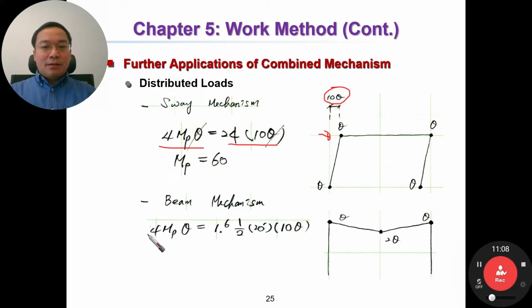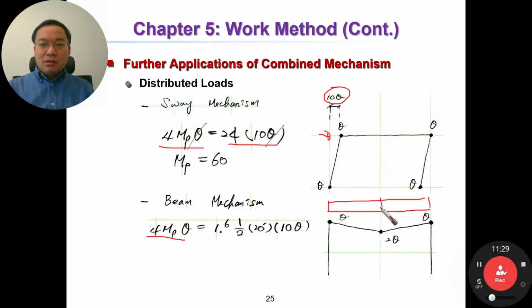Then, how to determine the internal and external work? For internal work, we have 1 and 2 and 3 and 4 MP, okay, 4 MP. How about external work? Please note that here is a distributed load. And this load is 1.6 kg per feet.